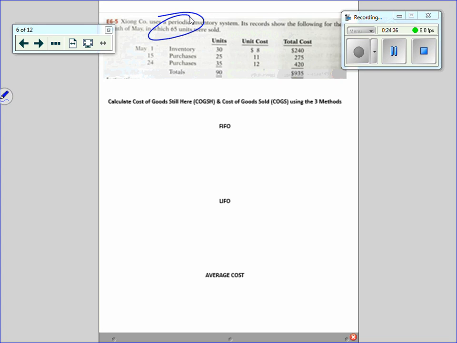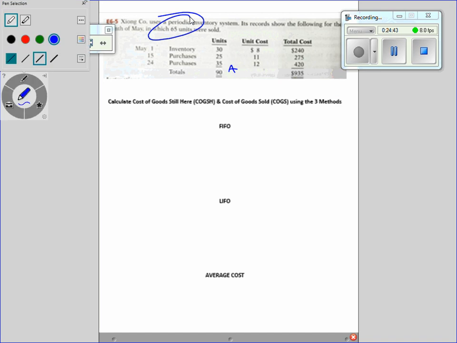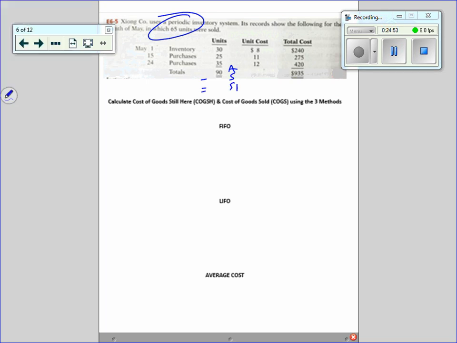I'm going to first do A equals SH. So 90 minus what did we sell? How many do we still have collecting dust? 25, okay.